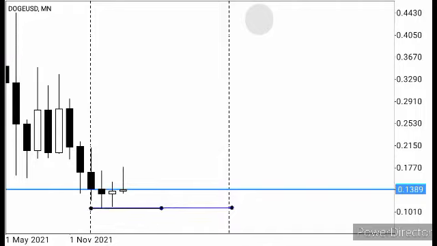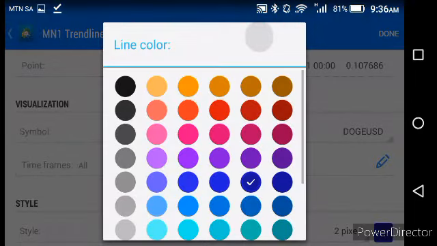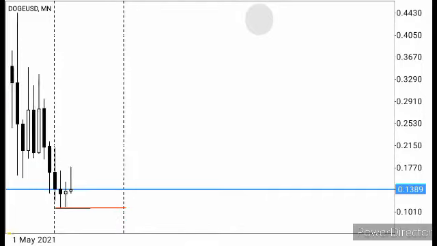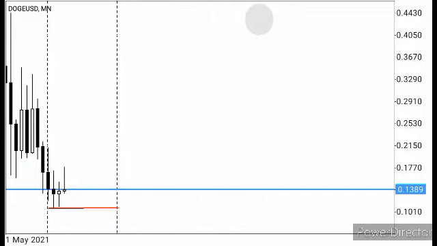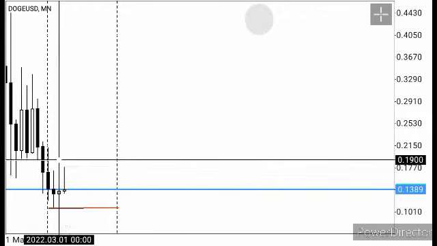So in other words, this candle is a liquidity grab candle. What this means is that at some point price has to go down to that level to collect some liquidity before actually going up. So I'll just mark this red in color. There we go. Another thing that's of interest to me is this particular zone over here.